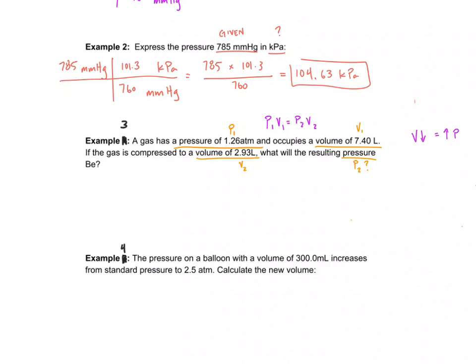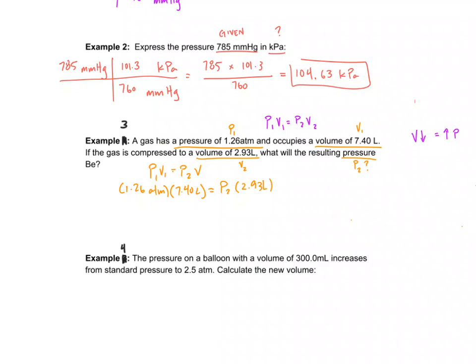So let's figure out what that looks like. P1 V1 equals P2 V2. Your original pressure is 1.26 atmospheres. Your original volume is 7.40 liters, equals your new pressure, which is unknown, but your new volume is known to be 2.93 liters.